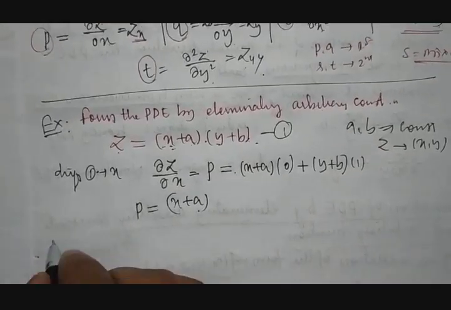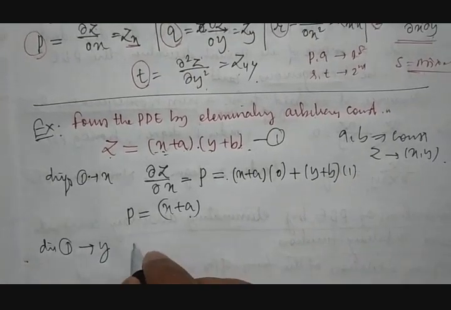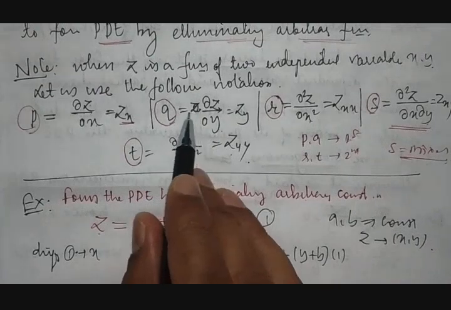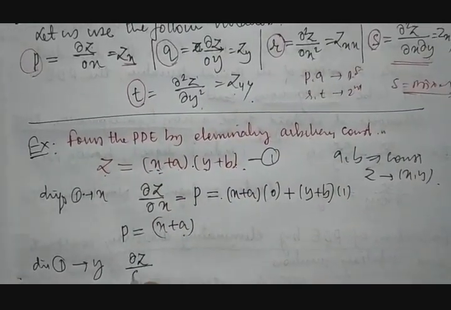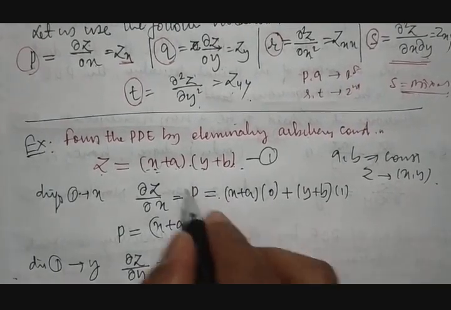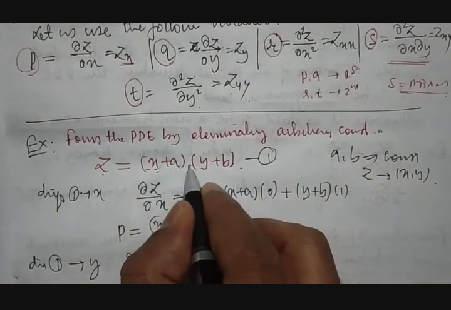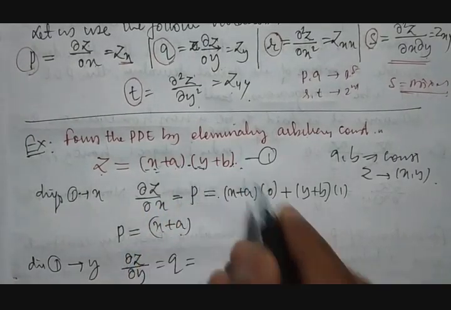Similarly, differentiate equation number 1 with respect to y partially, and as per the notation we'll take ∂z/∂y equal to q. So differentiation of z with respect to y will be taken as q. If you differentiate this, keep x plus y common, and differentiation of this bracket with respect to y will be 1.